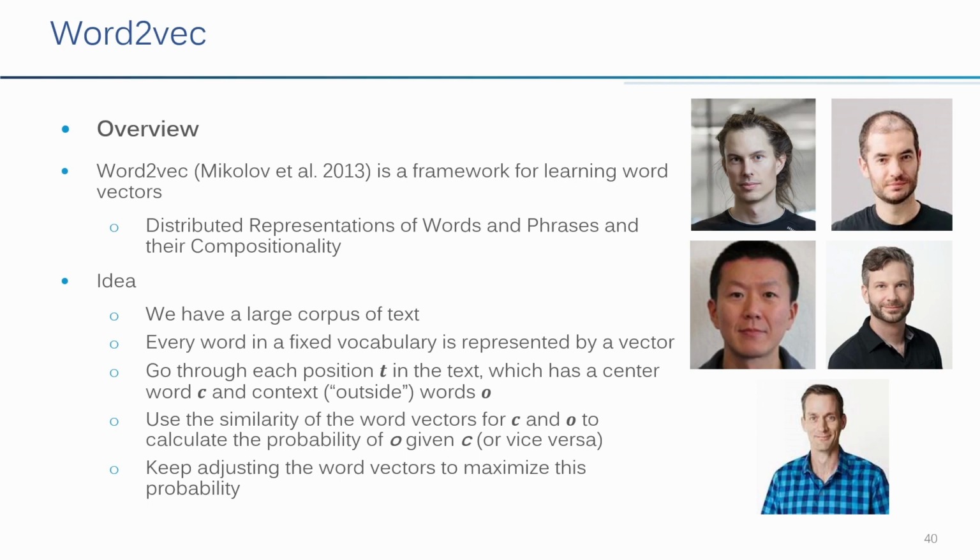And what is the idea? We're going to use a large amount of text, or a collection of text, and then for every word in a fixed vocabulary, we're going to represent this word as a vector. In fact, there are two vectors we're going to use: one when this word is a center word in our window, and one when this word is a context word.